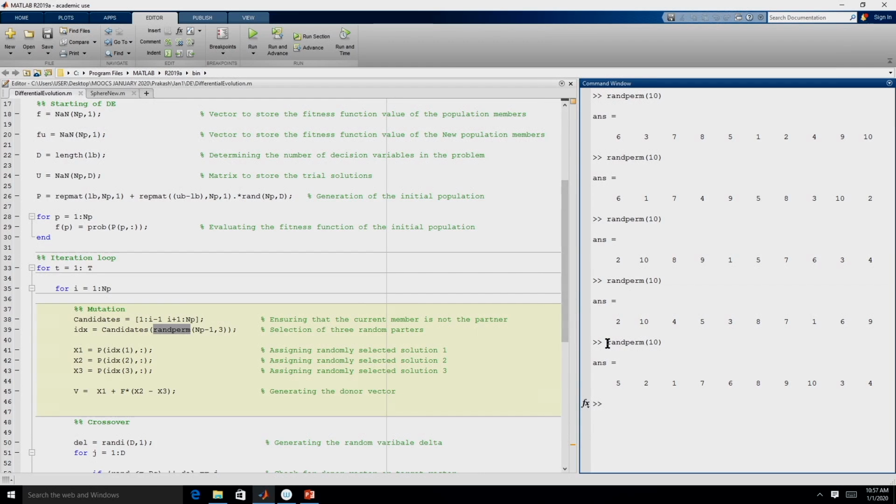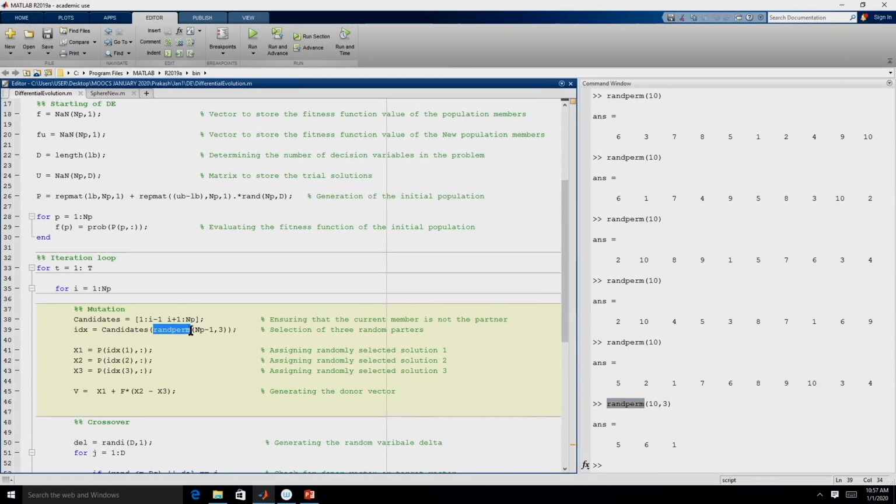This will help us to shuffle. We will use this function to shuffle, and then we require only 3 solutions, not all 10. So, we do randperm of 10 comma 3. It will give us 3 solutions which are unique, and they are taken from 1 to 10. This is how we can use the randperm function.